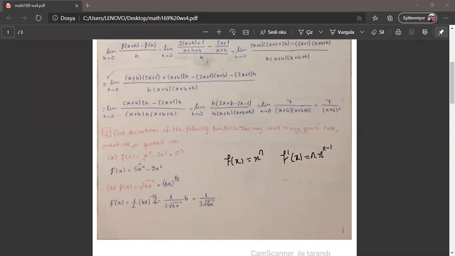So here we have 5 times x to the 4 and minus, here we had 3, we multiplied by 3, so we have minus 9 and x squared.